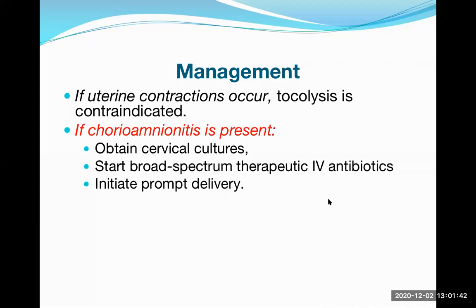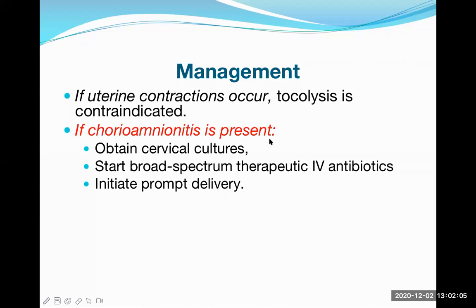And tocolysis is stopping the uterine contraction by giving certain medicine, stopping the progression of labor, and that is not the good thing to do in this condition. So if PROM has already occurred, and you are suspecting a bit of infection already, don't stop the progression of the labor.